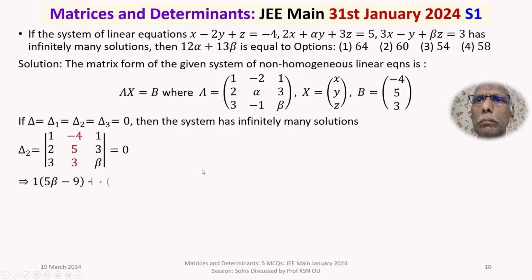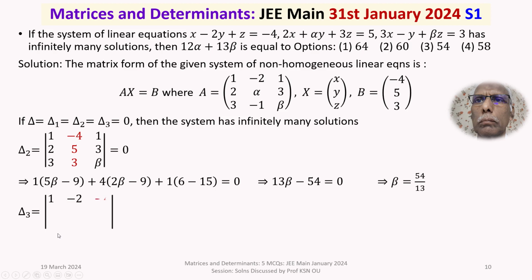That's the reason. So expand by means of the first row. If we expand, you will get 13 beta minus 54 is equal to 0. This will imply beta is equal to 54 by 13. Right? Beta value, we got it. Then I will consider delta 3. If I replace the third column by -4, 5, 3, then I can find out alpha directly.